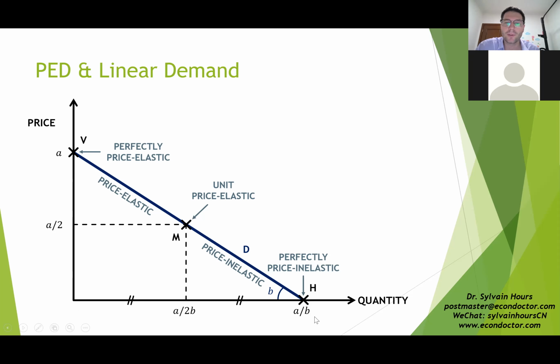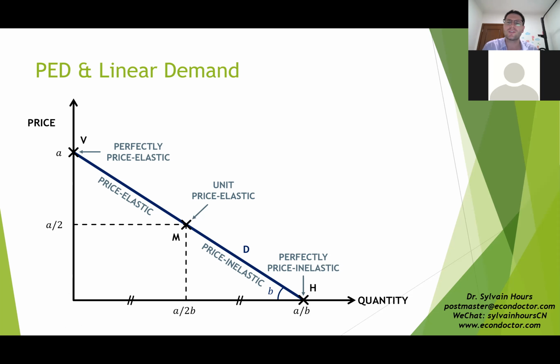But then if you look at, for example, point H, so here, let's say that you decrease the price from 0.1 to 0, well, again, that is perfectly price inelastic, because you decrease the price from 0.1 to 0, or even from 0.00001 to 0, it is a 100% decrease in price.